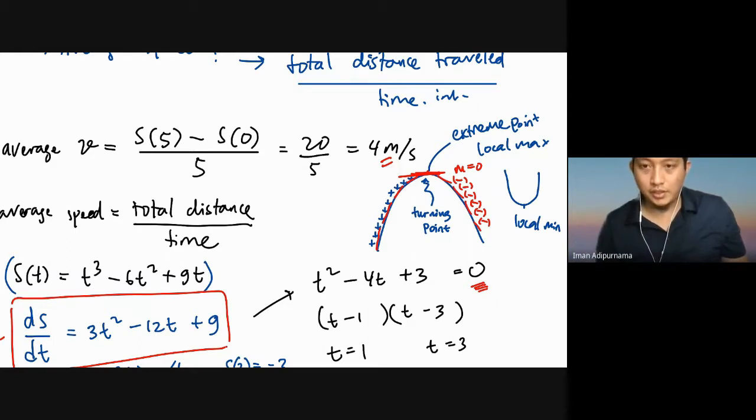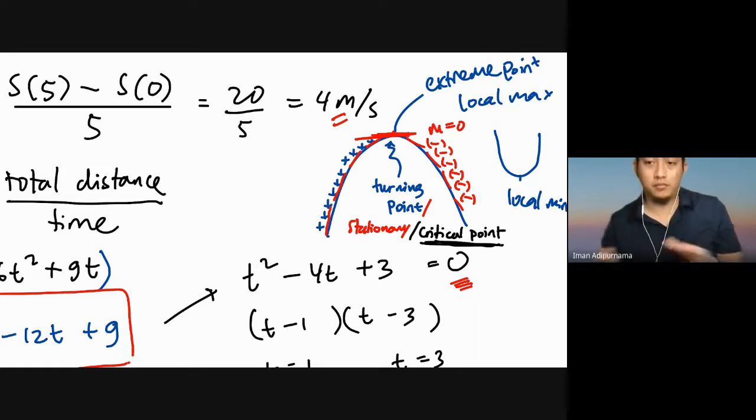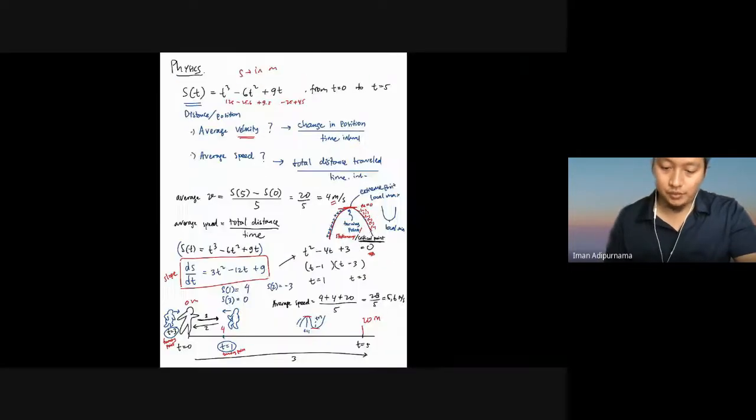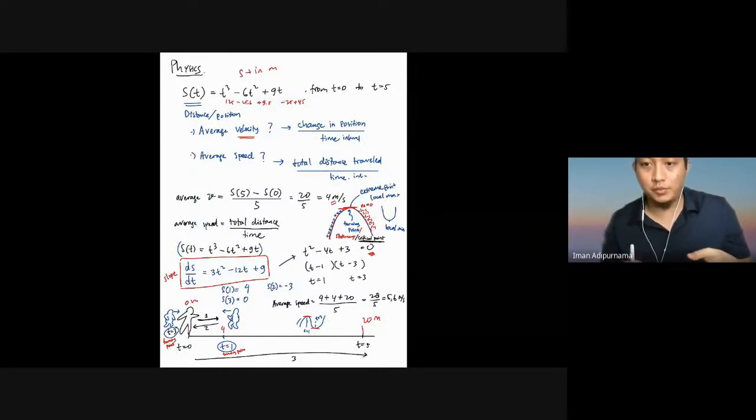And this turning point, we also call a stationary point, or the important one, the critical point. I think in the textbook you will notice the critical point more than the turning point or stationary. Now let's move forward to chapter 4. I hope you get why I wrote this physics problem for you, to get the idea why we are doing chapter 4.